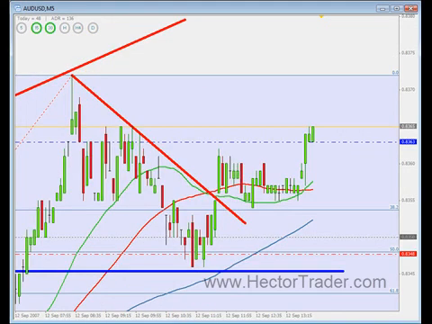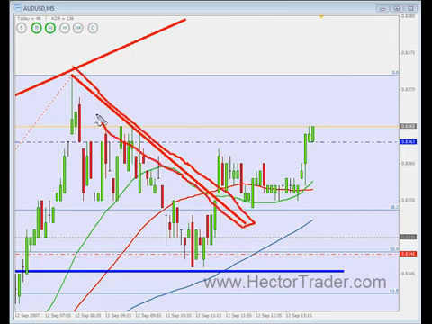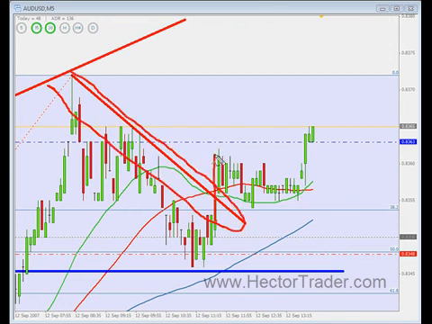Zooming into the very short time frame, the 5-minute chart in this case, we can see the retracement trend line broken. In chapter number 3 of my course, I talk about this breakout of the retracement trend line. This is a breakout with a pullback and then a little bit of meandering sideways.